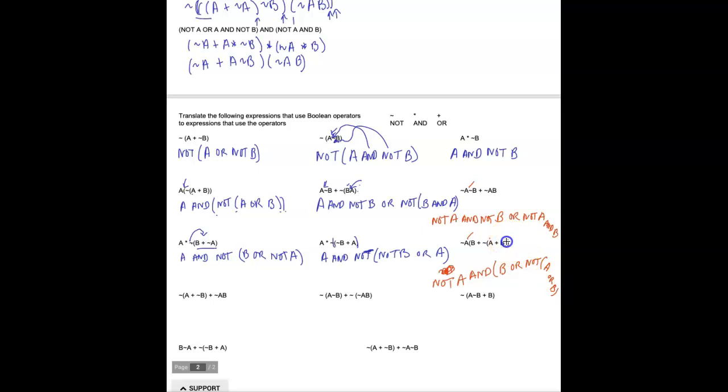And I still have another right parenthesis there to take care of. Over here, not, parentheses, A or not B, end of parenthesis, or not. Now again, like a previous problem up here, I believe it was, that not applies to the A, and then according to our order of operations, we would and the B.